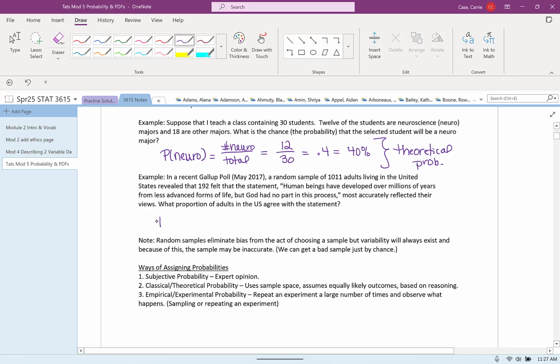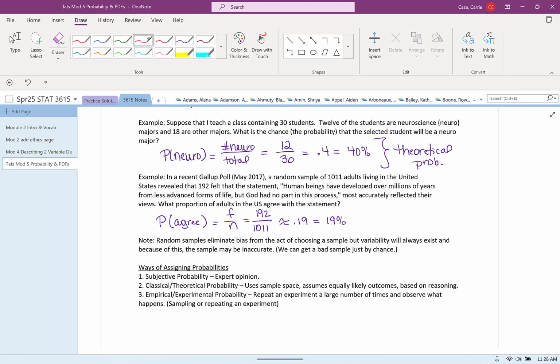So in this one, the probability of people who agree with the statement is F over N. Remember, F is a relative frequency when it's put over N. The number of people who agree with the statement is 192, and the total number of people in the sample is 1,011. That's approximately 0.19 or 19%.